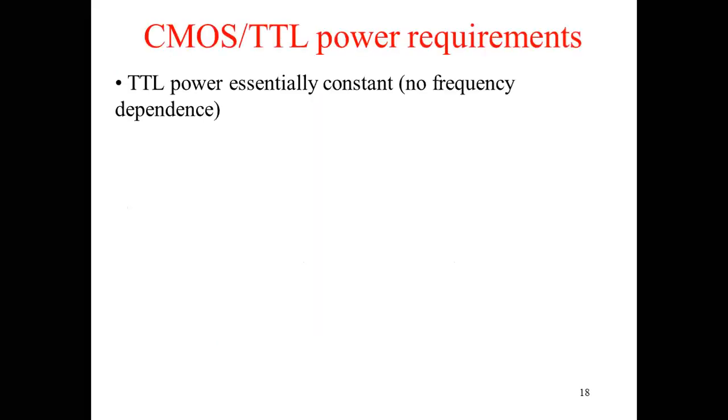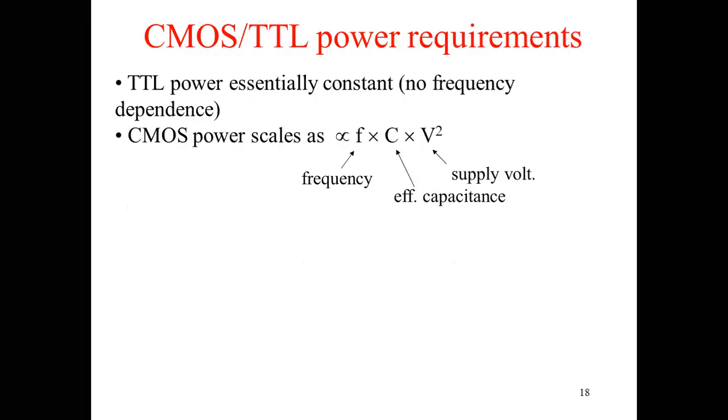Power requirements: TTL power is essentially constant. In CMOS, power depends on frequency. When we are using high frequencies, 3 gigahertz, 4 gigahertz, as the frequency increases, power increases in CMOS. So in CMOS, power is calculated as f C V squared.